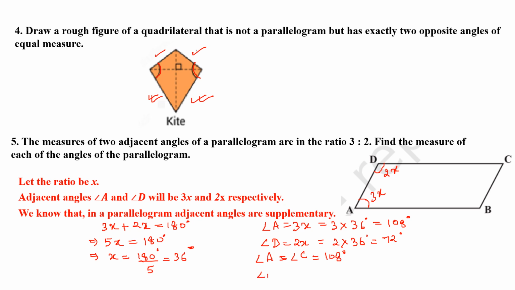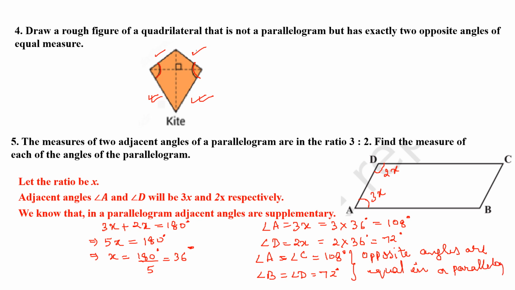Same way, angle B is equal to angle D is equal to 72 degree. And for both, reason is opposite angles are equal in a parallelogram. See, in solving questions, it is very important to write the properties. If you do not write the properties, you may lose your marks in the exam.